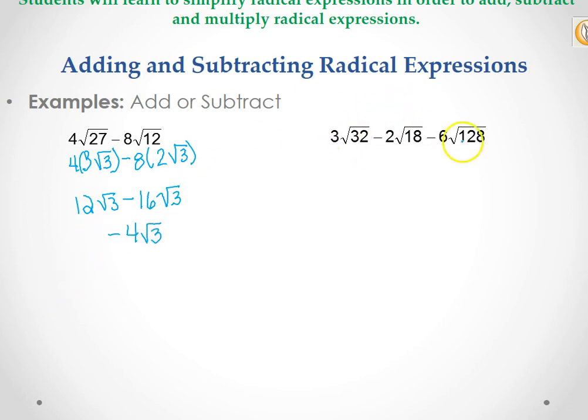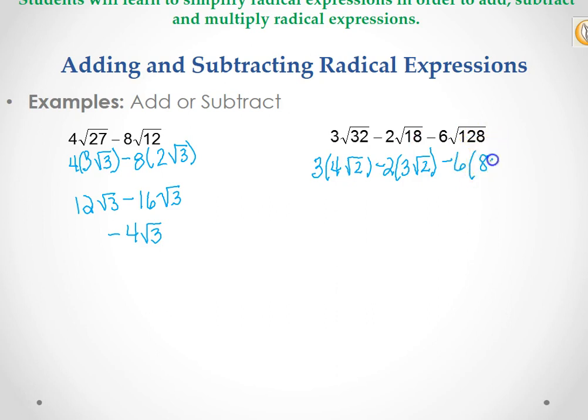Okay, I'm breaking these down. I know 32 is 16 times 2, so the square root of 16 is 4, and then we got the square root of 2. I know 18 is the square root of 9 times 2. The square root of 9 is 3, and the square root of 2. Minus 6, 128 is 64 times 2.